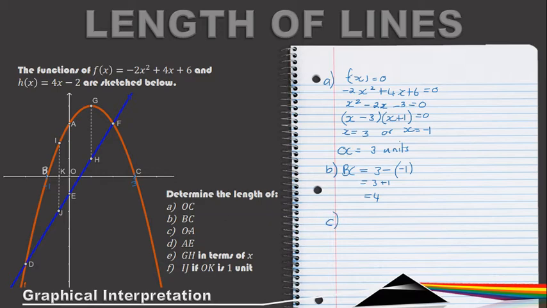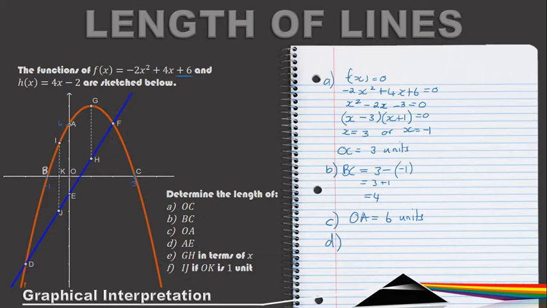Now for C, we need to find OA. To find OA, we need the y-intercept of our parabola, and we can just see it over here. This is at 6 because our c value is our y-intercept, and therefore OA is equal to 6 units. Then for D, we want to find AE.